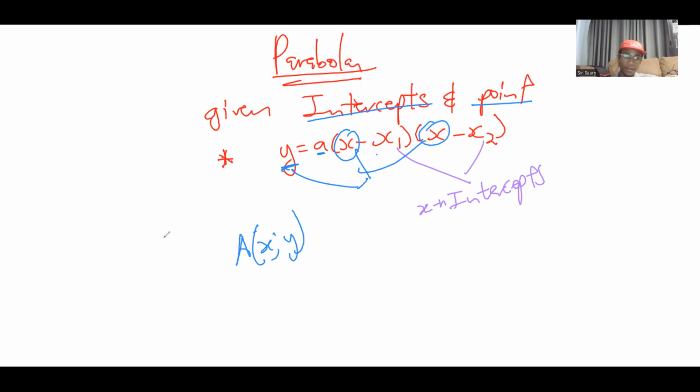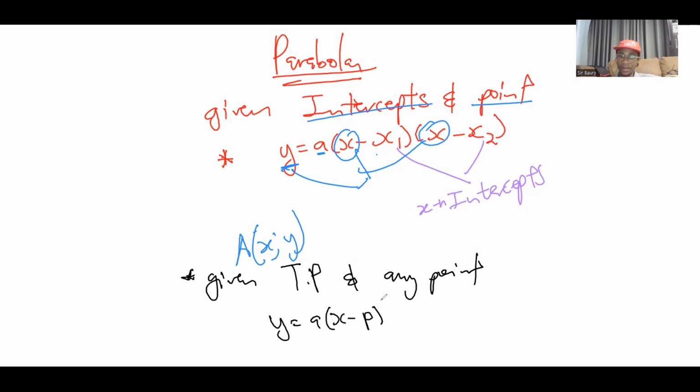And if you are given a turning point and any point, you use y is equal to a(x minus p) all squared plus q. Here, the turning point is p and q with different signs.